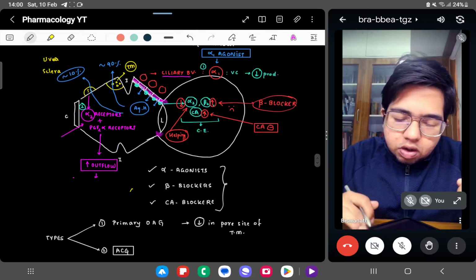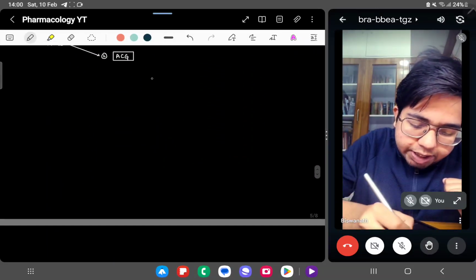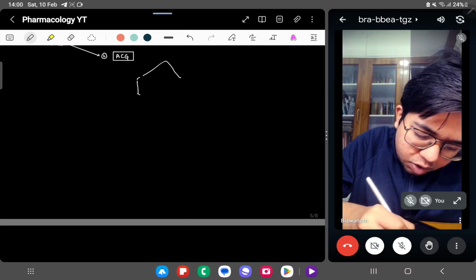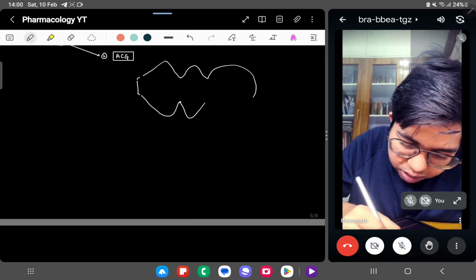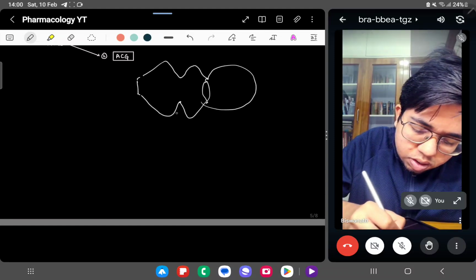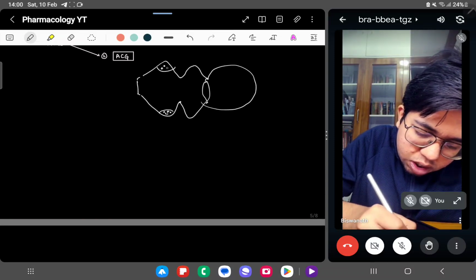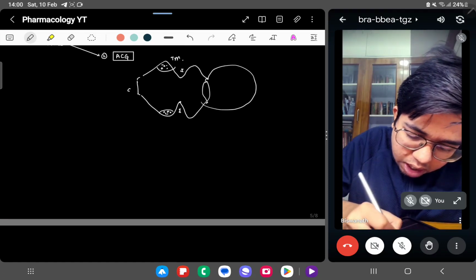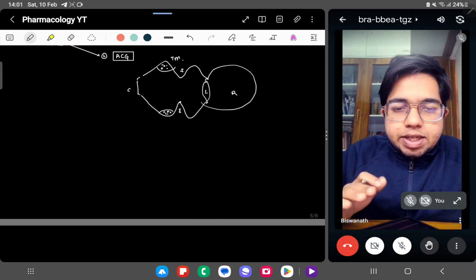And due to this closing, let me draw a basic framework so as to make you understand. So we drew something like this. Here we drew the trabecular meshwork, the cornea, here the iris, the retina, and the lens. This is the basic structure.